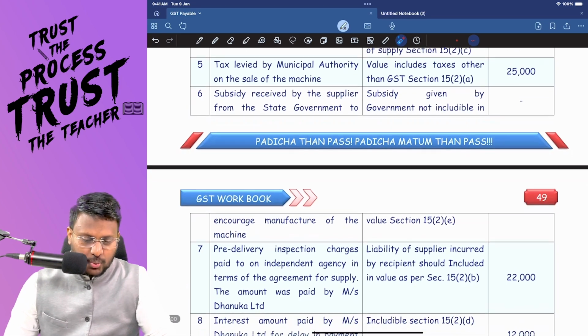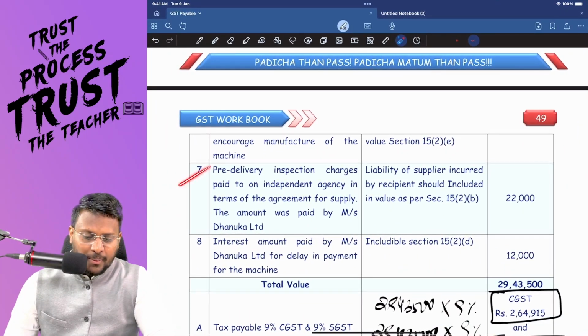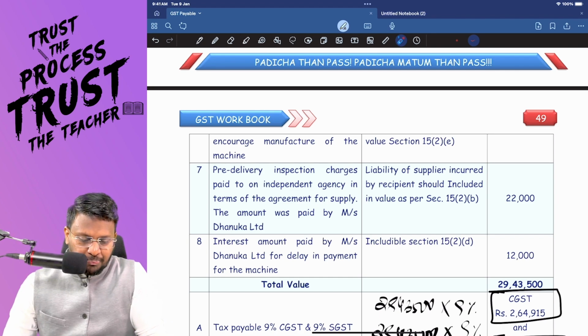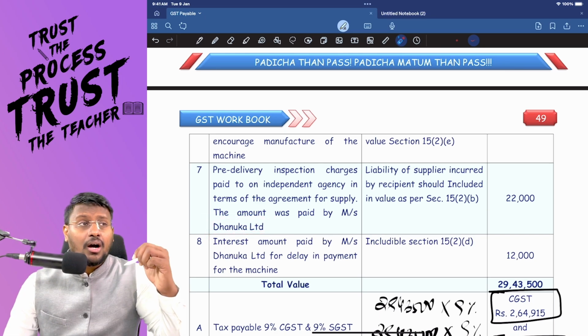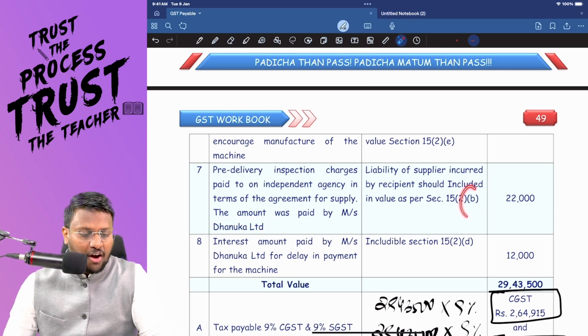Right, sir. Coming to the next one, sir. Pre-delivery inspection charges paid to an independent agency in terms of the agreement for supply. But the amount was paid by Danuga Limited. That means the amount incurred by the recipient on behalf of the supplier. B stands for behalf.